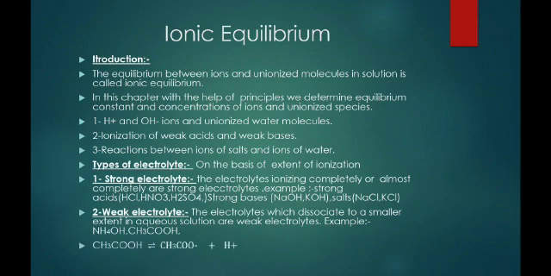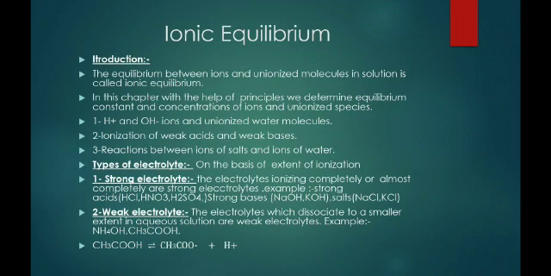See this, CH3COOH partially dissociates and forms CH3COO minus plus H plus ions. So we are observing here this double-headed arrow indicating equilibrium exists between dissociated ions like CH3COO minus and H plus ion and undissociated molecule like CH3COOH.